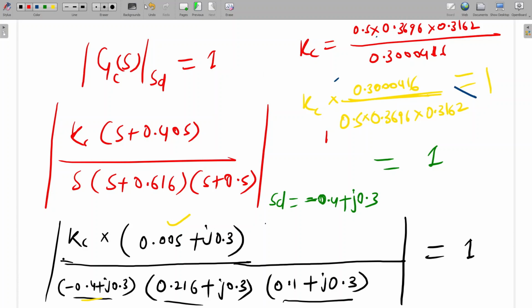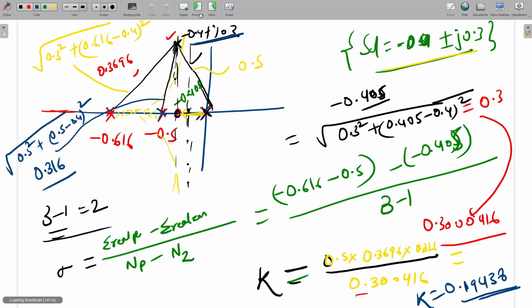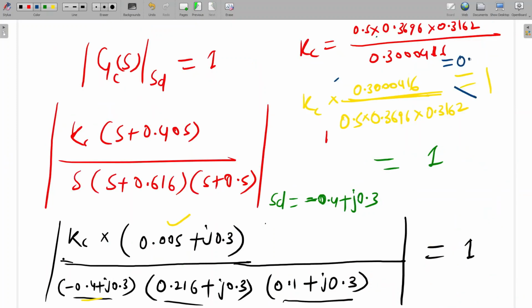Correct? So we'll get the same value whatever we have calculated earlier, 0.19438. Is it clear to all? Yes, sir.